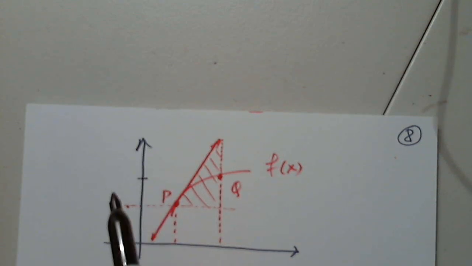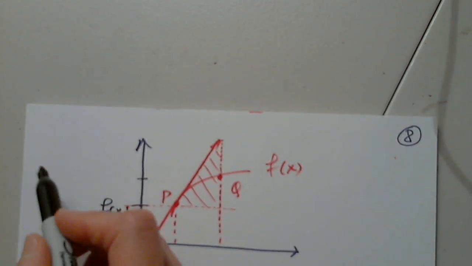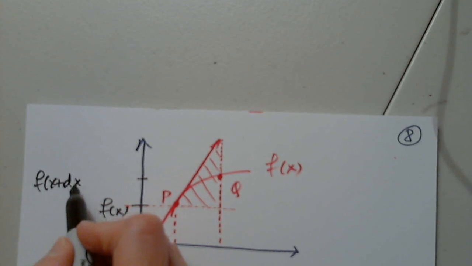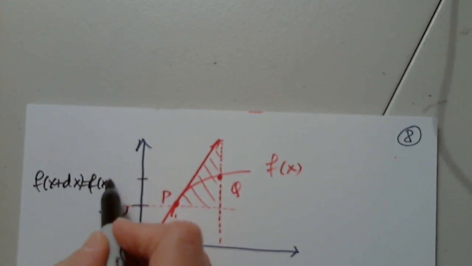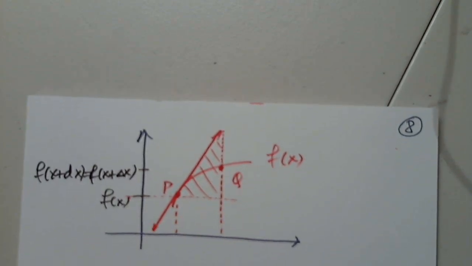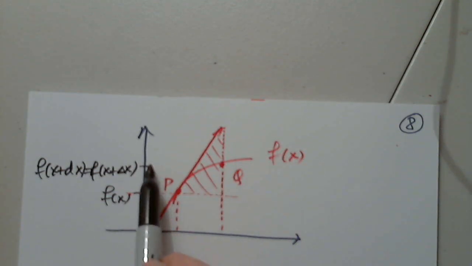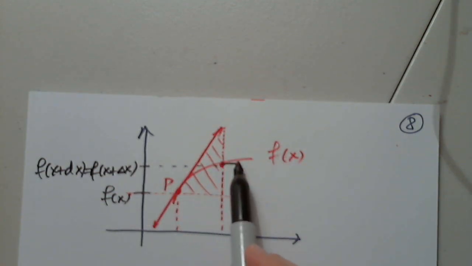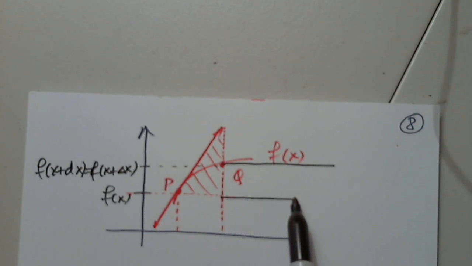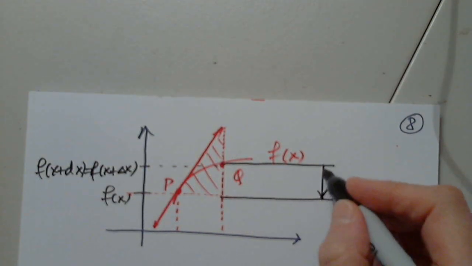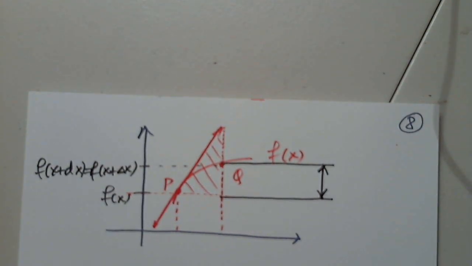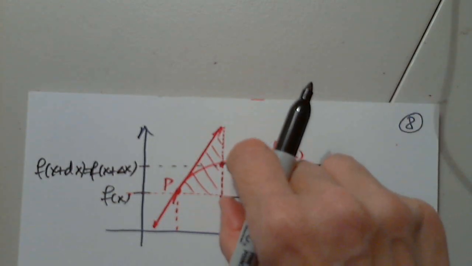We already know that this is f of x. You already told me that this is f of x plus dx or f of x plus delta x. And now I'm going to ask what this is equal to. Can anyone identify this?